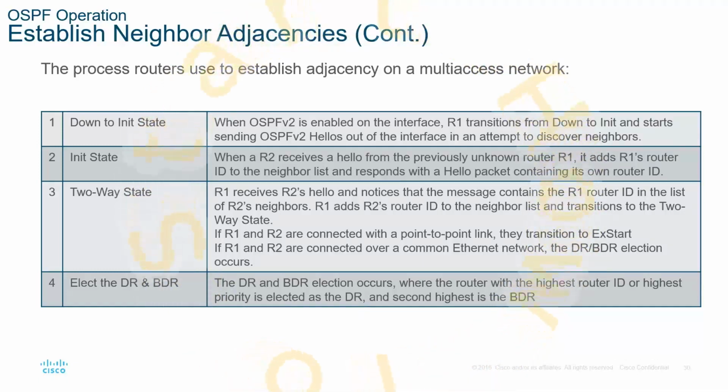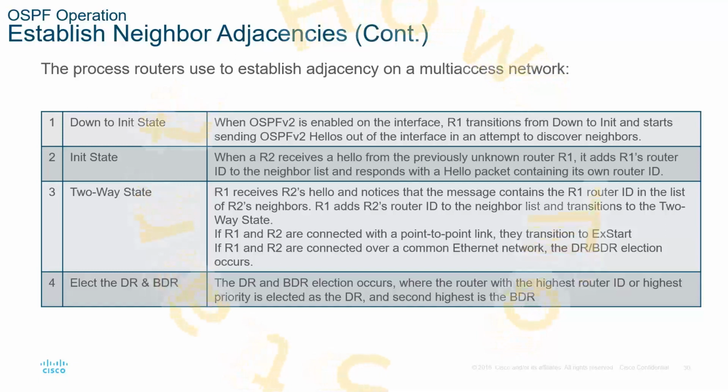That will transition to an initiate state once the neighbor router receives the hello. So if we have router 1 learning about router 2, router 1 will send router 2 a hello packet. Router 2 will transition to an initiate state because it received a hello packet from R1 containing R1's router ID.